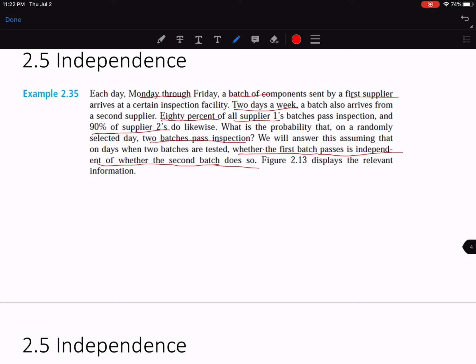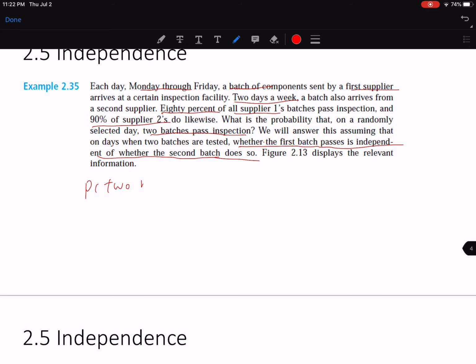Now let's look at the probability that 2 batches are received. If 2 batches are received, that means a batch arrives from the second supplier, and there are only 2 days a week. We have 5 days in total, and on 2 days we get a batch from the second supplier. So the probability that 2 batches are received is 2/5.